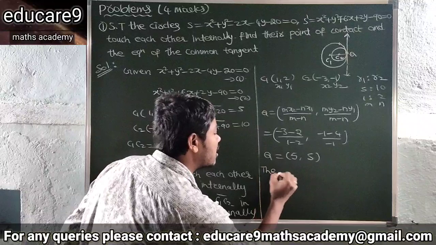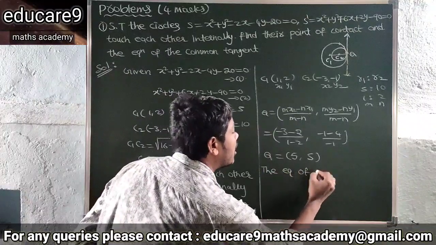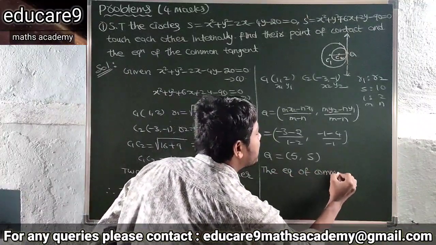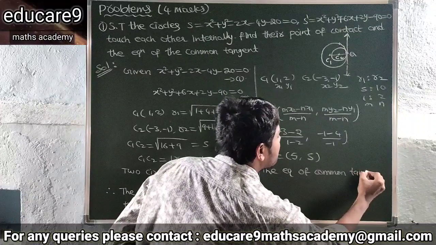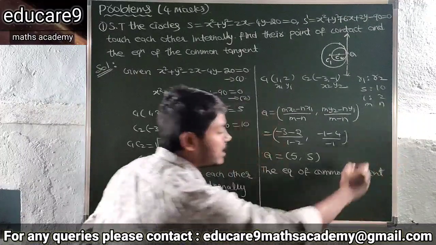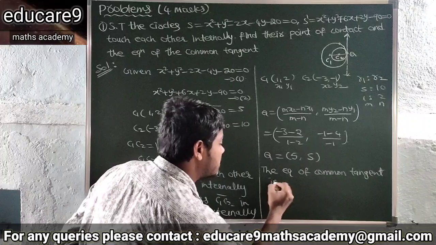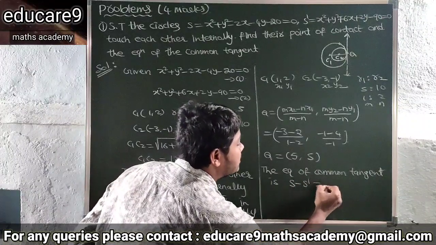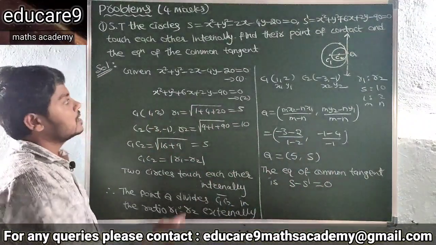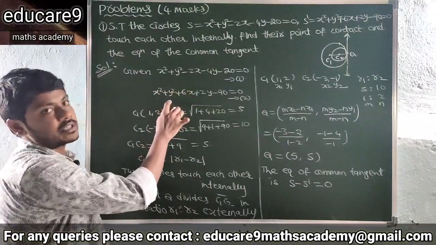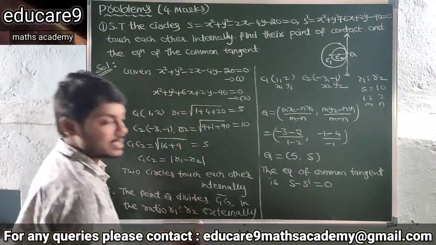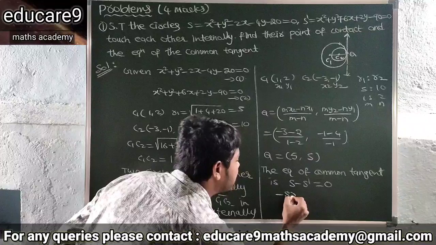Now also find the equation of the common tangent. What is the common tangent equation? It is S minus S dash is equal to 0. Here x square and y square get cancelled. Minus 2x minus 6x, that is minus 8x.